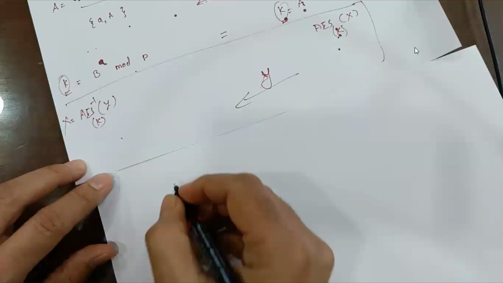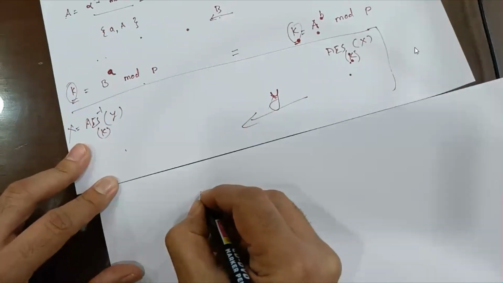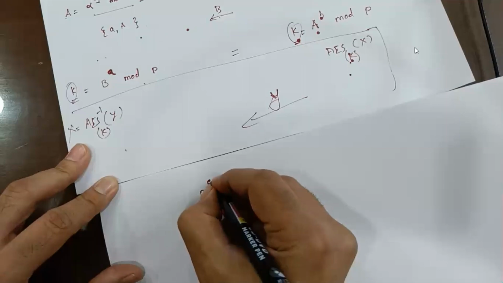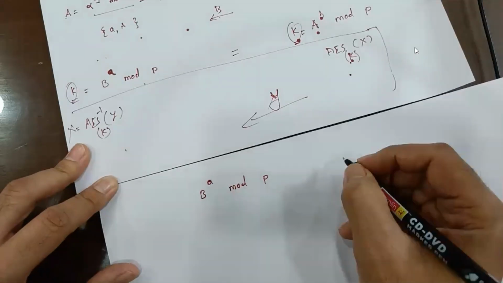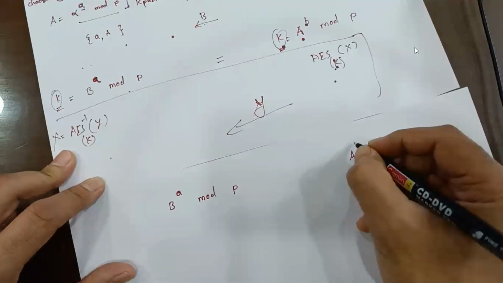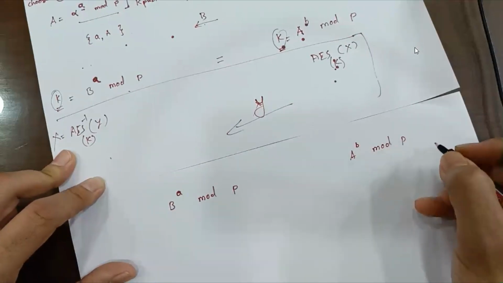Okay. I'll rewrite these things. B raised to A mod p and A raised to B mod p, which we are saying it as equal.